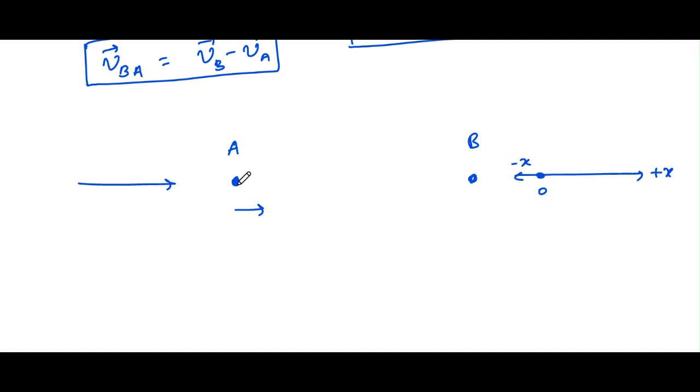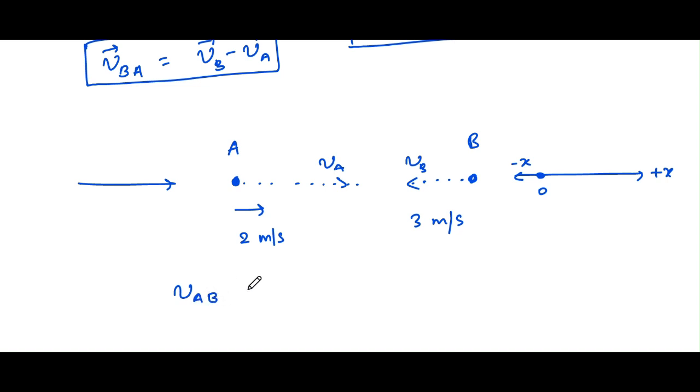So if body A is moving towards positive x and body B is moving towards negative x, let's say A is moving with a velocity of 2 meter per second and B with a velocity of 3 meter per second.